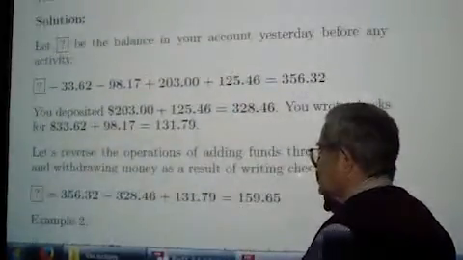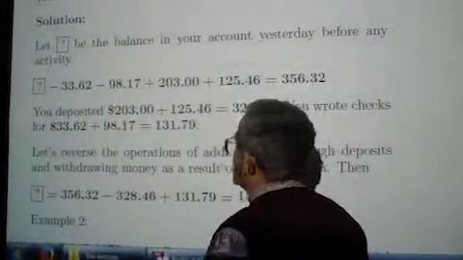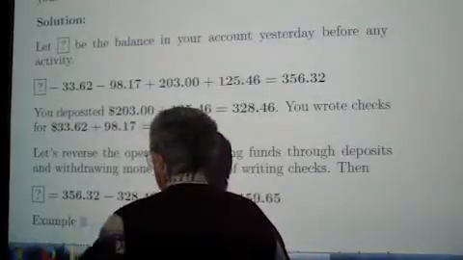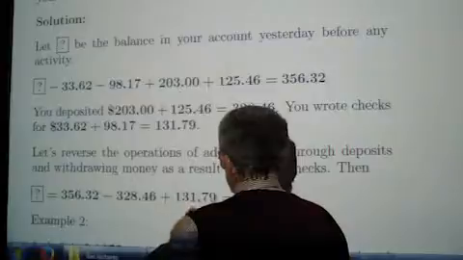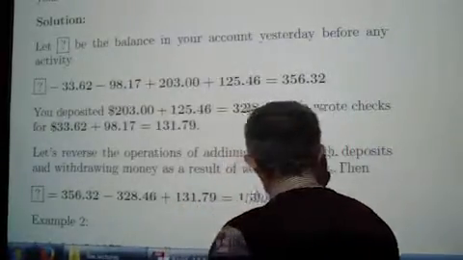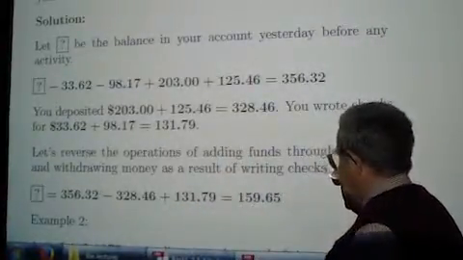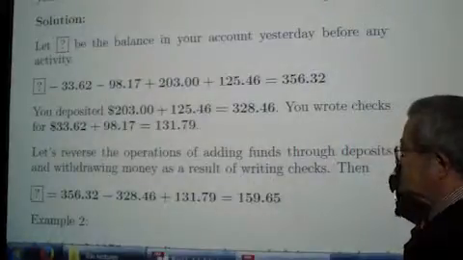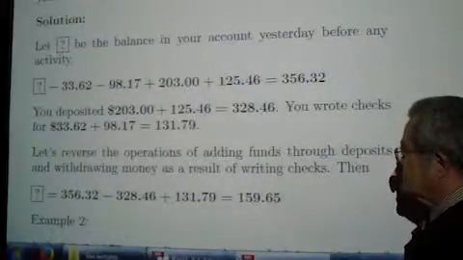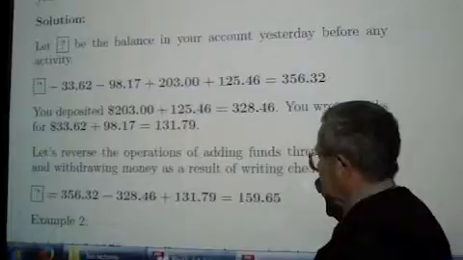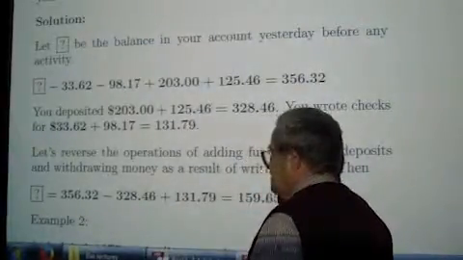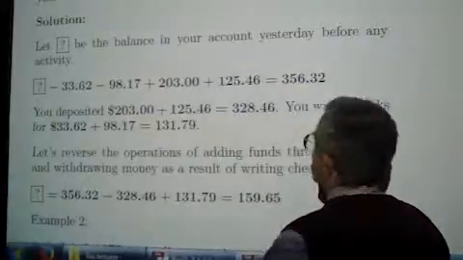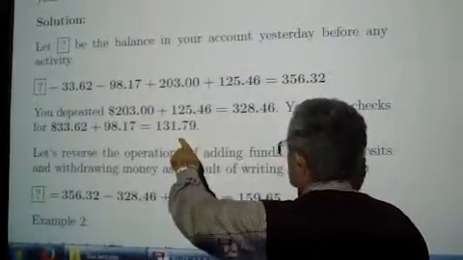And let's reverse the operations. You have this much in your bank. You take away what you deposited. You add your checks. So yesterday you had $159.65 in your bank account. You subtract the deposits, you add the total of the checks.